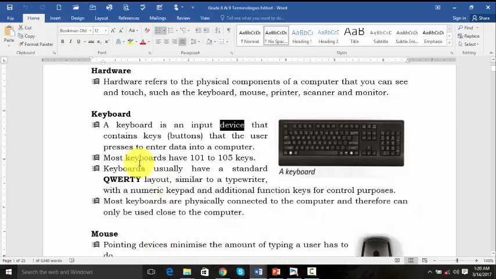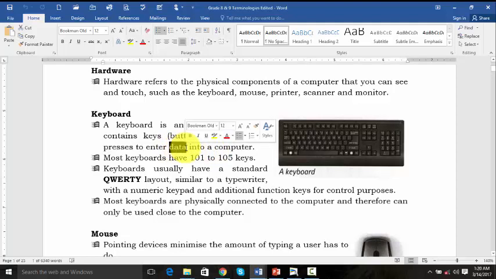So we go on to say a keyboard is an input device that contains keys. These keys can also be called buttons, but normally we use the word keys, that the user, who is a person operating the computer, presses to enter data into the computer. So in this case, there are 4 types of data found in a computer.